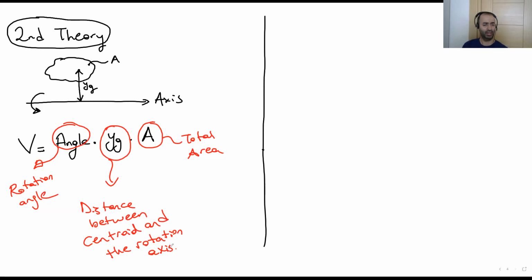These equations are really basic. If you think, you don't have to memorize it, you have to find the rotation angle, the area, and the distance to the axis. That's it. Multiply these numbers, get the solution, get the volume. Okay, this is really easy.